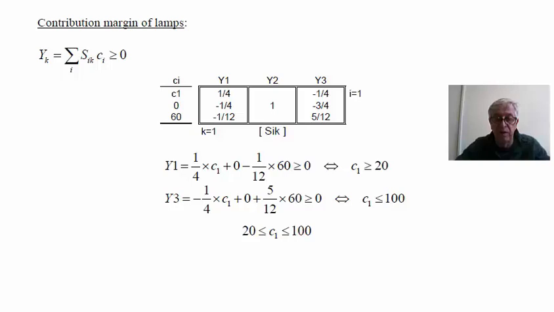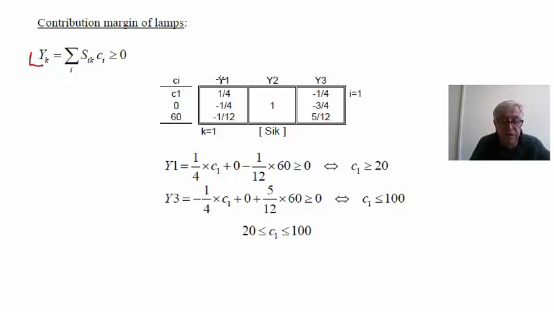So these are the expressions that we are going to use to perform the sensitivity analysis to these coefficients. So let's consider now the contribution margin of lumps. Lumps is the first product. We saw that the shadow prices are defined by this expression, and positive shadow prices that we have in the optimal solution must remain in that situation.